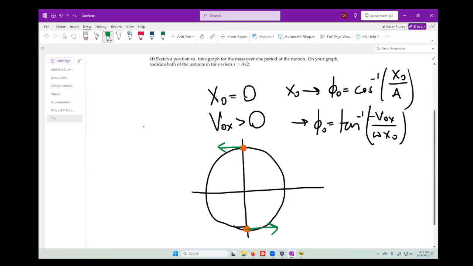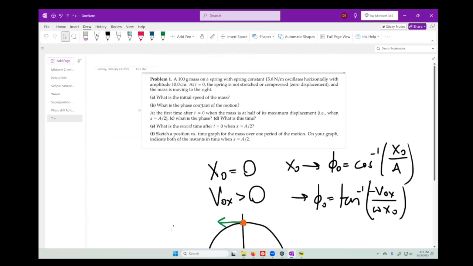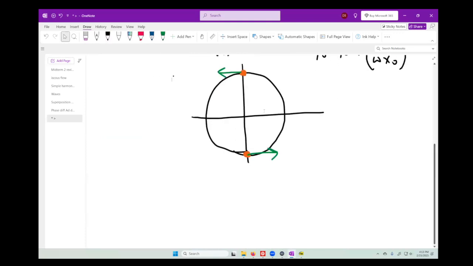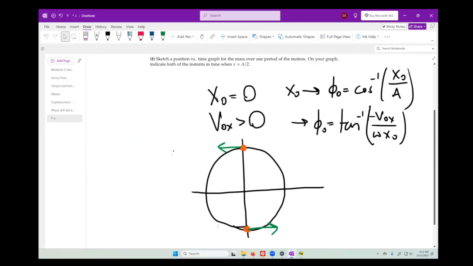We need to use the velocity to determine which of these points we want. The problem tells us that the mass is moving to the right initially. Remember, when we draw our phase diagram, the point in circular motion is always moving counterclockwise. So we draw our velocity on there like this.